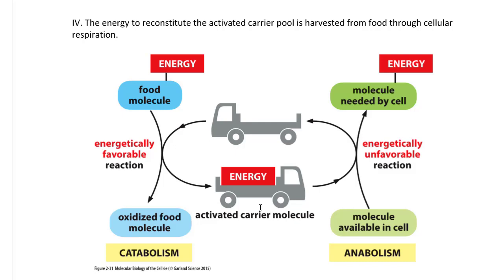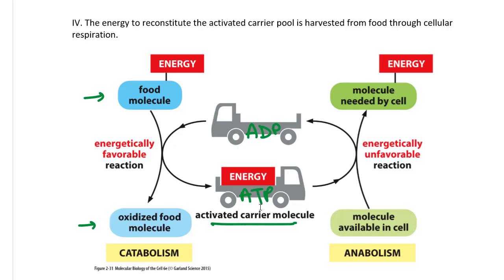And this is just a picture showing that. You have food molecules here, and oxidizing food molecules, breaking them down, is energetically favorable. You get your activated carrier and you basically activate it. If the activated carrier was ATP, you can think this is ADP, and now you added the third phosphate and you're at ATP.